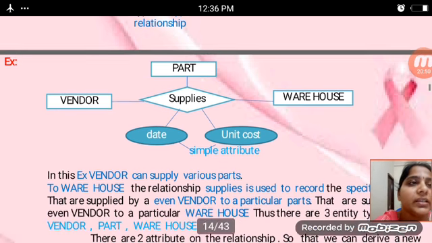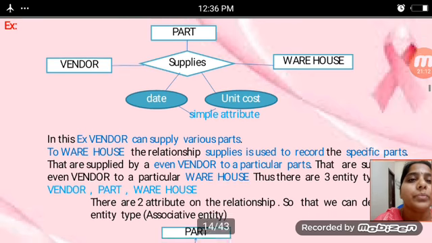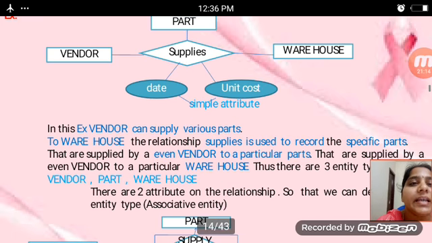For example, I am taking vendor, warehouse and part. These three are the entities, and date and unit cost are simple attributes, and the relationship is "supplies." In this example, a vendor can supply various parts.